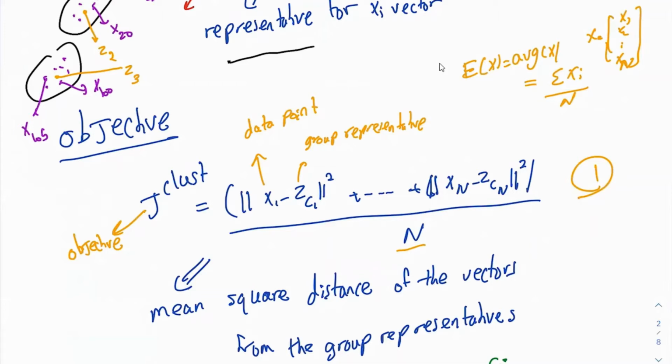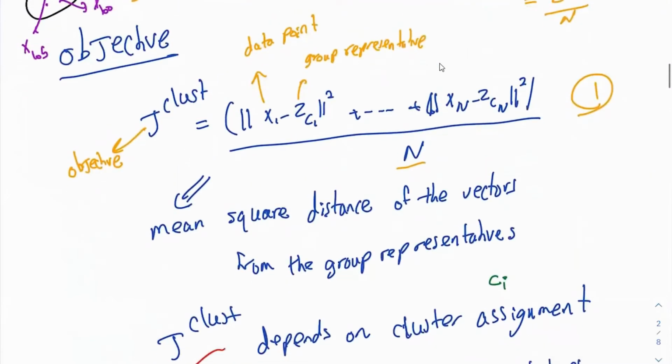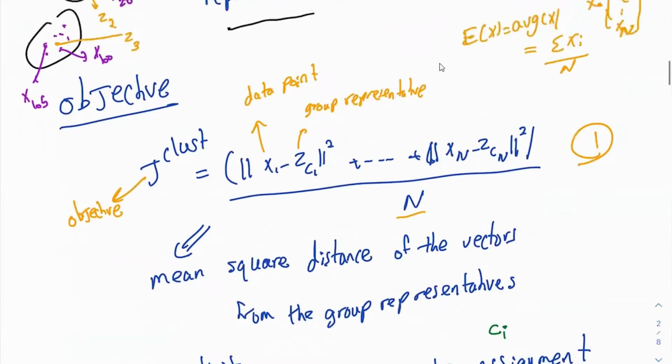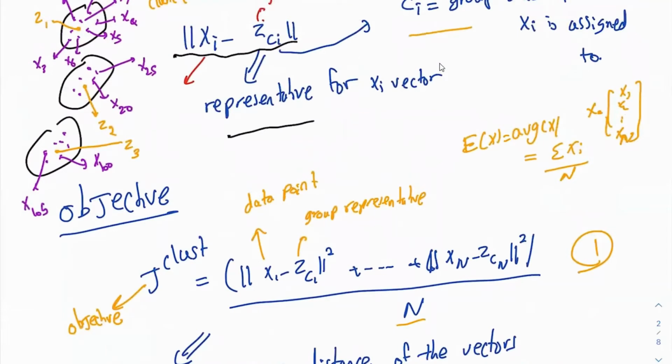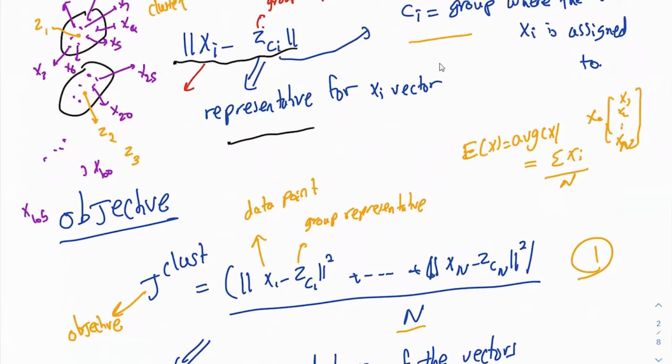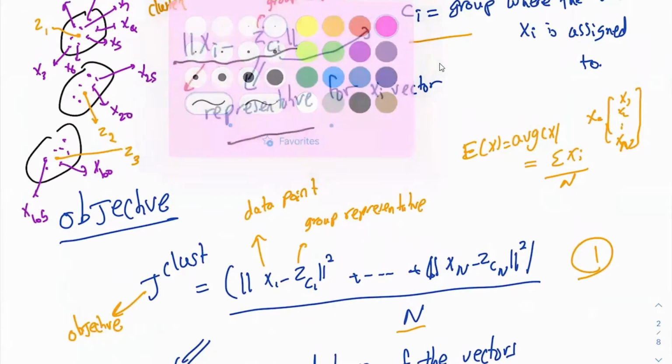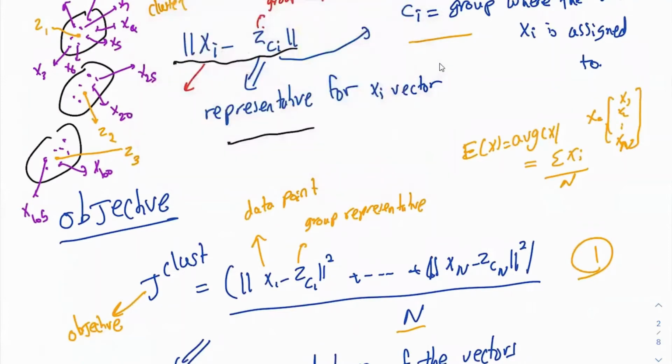Okay, great. So as you see here, this J class depends on two parameters. It depends on the cluster assignment, which is the ci. What does cluster assignment mean? It means that each data point is actually in which cluster, right? So let's say, for example, the vector x100 is in cluster 3.